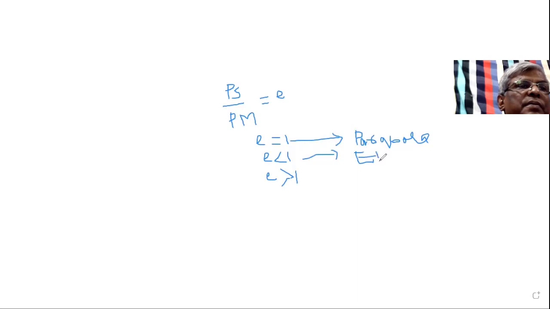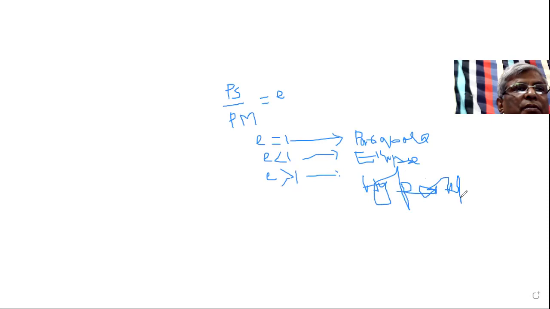If the ratio is greater than 1, it means PS is greater than PM, and then this is a hyperbola.